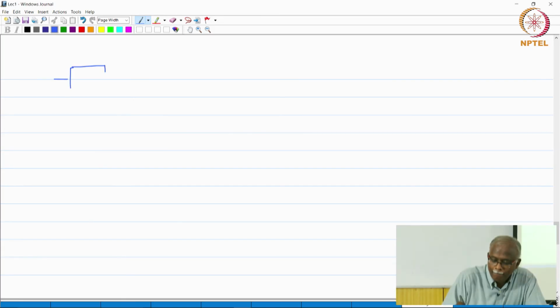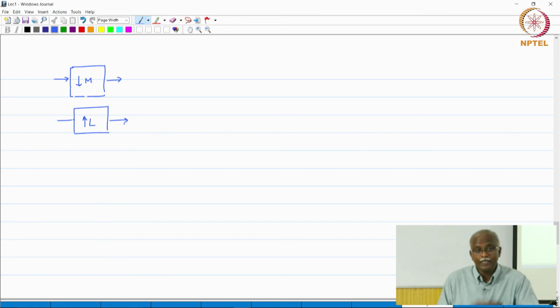I'm sure that you are familiar with the basic building blocks such as the reduction in sampling rate. This is a sampling rate reduction. And there is an increase in sampling rate.